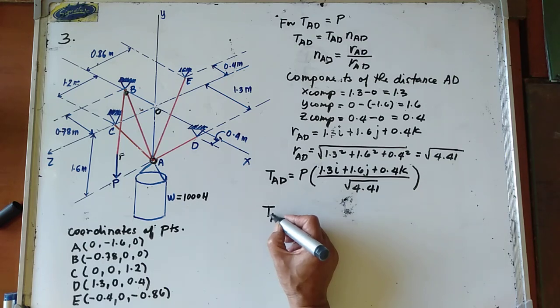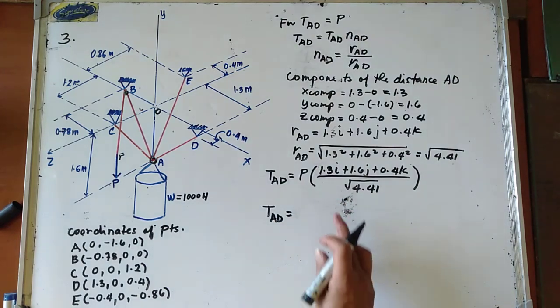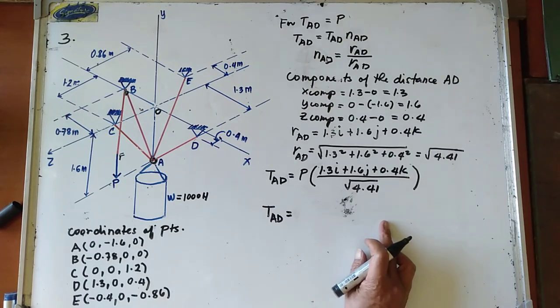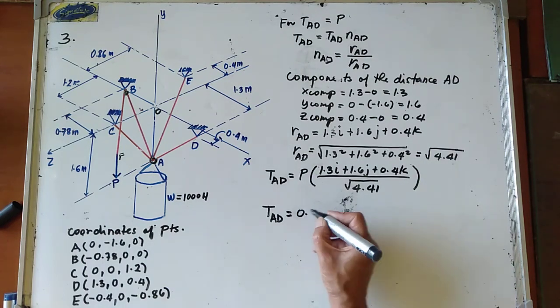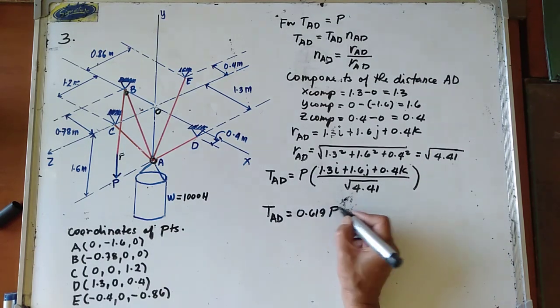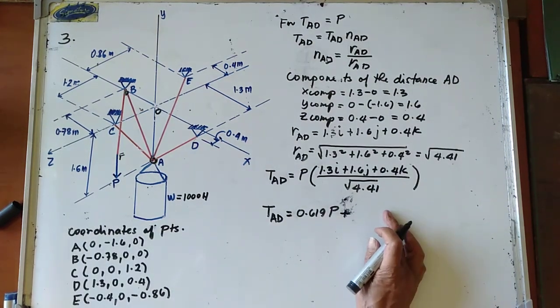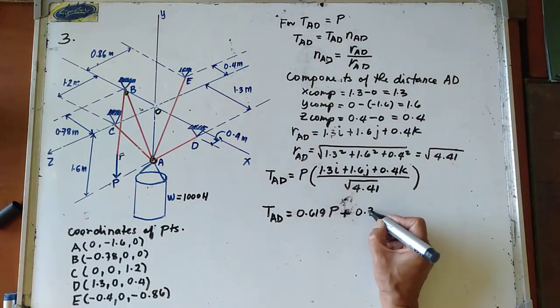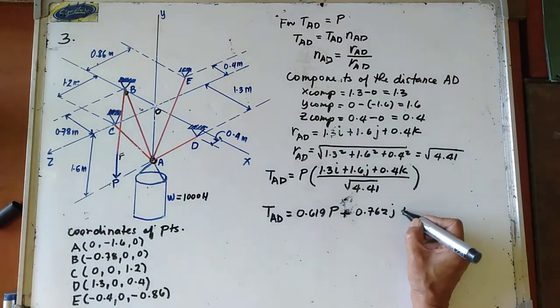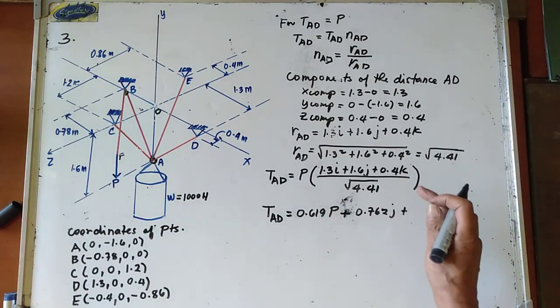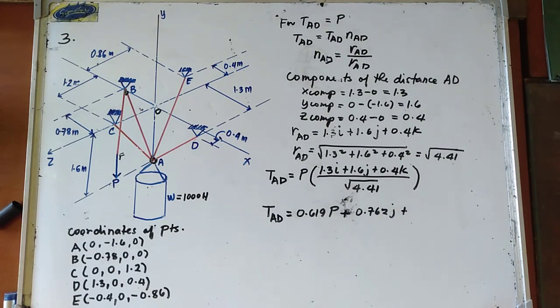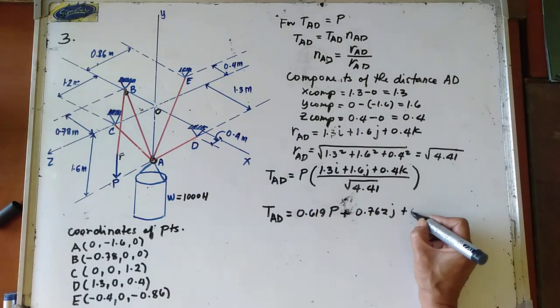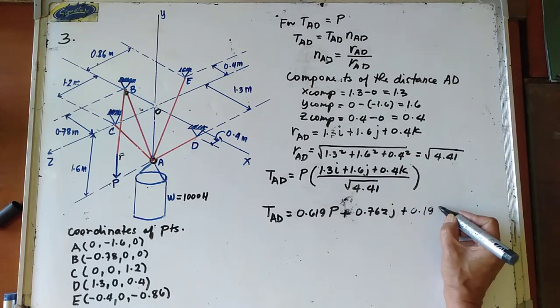So that your TAD is now equal to 1.3 over the square root of 4.41, 0.619P i, plus 1.6 over the square root of 4.41, 0.762j, plus 0.4 all over the square root of 4.41 is 0.19k.